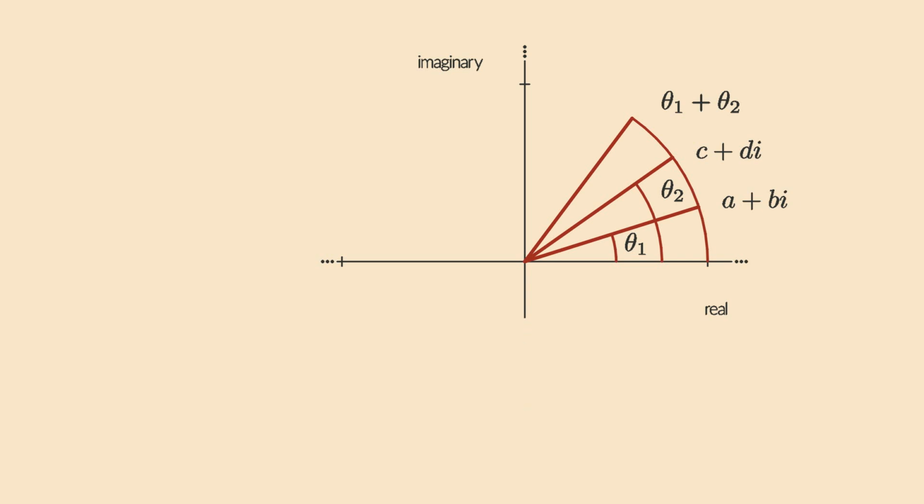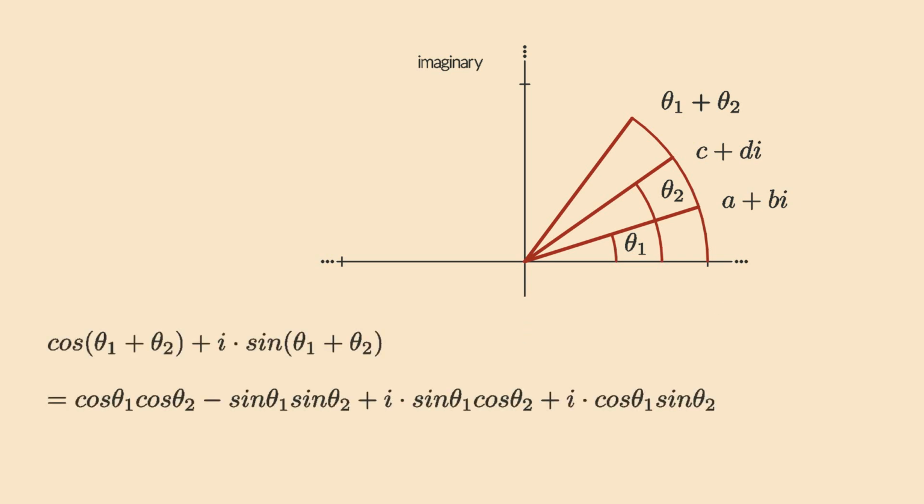You can then apply the rules for the cosine and sine of a sum, which you may remember from trigonometry. You end up with exactly the formula for the complex product that we found in the previous video. Everything works out exactly as planned. That's good news. It means that our new geometric interpretation corresponds with the algebra we already established earlier.